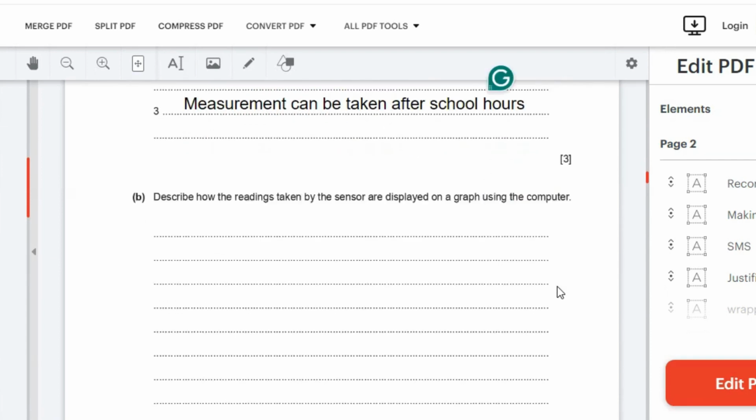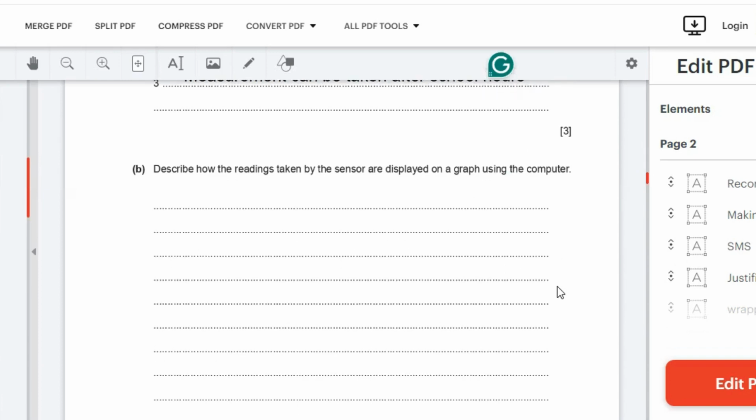So let's go to 5B. We are told to describe how the readings taken by the sensor are displayed on a graph using the computer. So let's go.